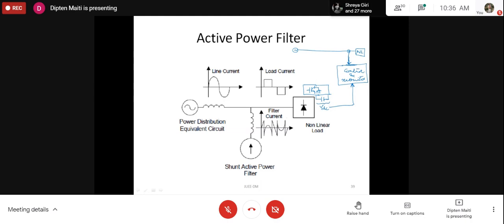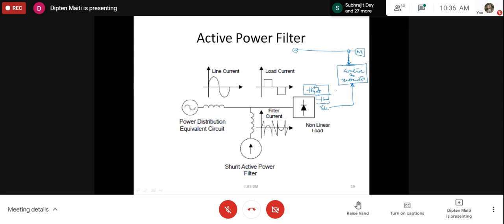So depending upon these two, because the control block has another job in the sense that it needs to monitor the harmonic currents, and to compensate further it also has to maintain the VDC. Why is that?